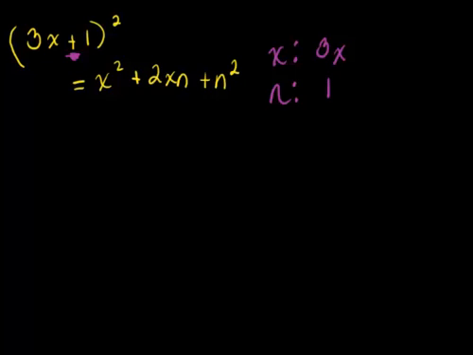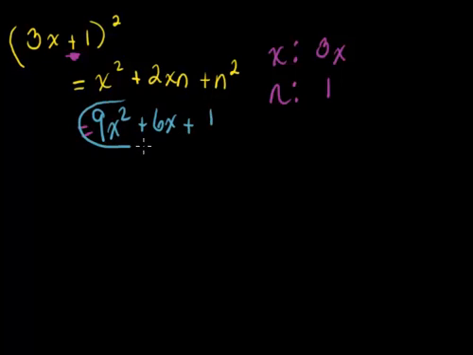So when you use this rule, you're going to get 3x squared, and squaring that is 9x squared. 2 times 3x is 6x times 1. So you're going to get plus 6x. And then 1 squared is 1.